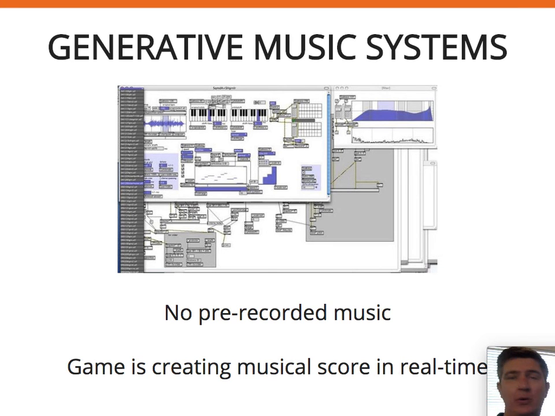There is no composer. There is no pre-composed music. The game is given a set of rules by which to generate the music, and then it takes over from there. There is no pre-recorded, set, composed composition that plays back.